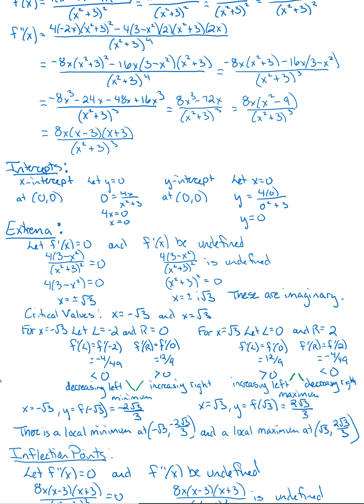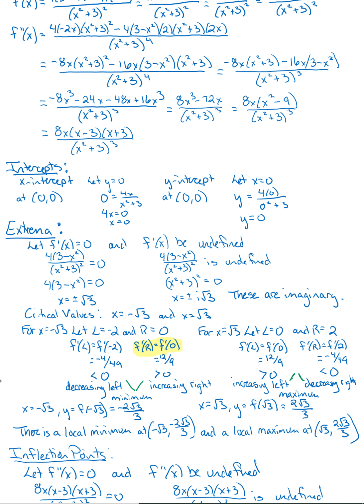What we end up with, the important thing is that it is less than 0. So the first derivative is less than 0. Remember, the first derivative tells us if our function is increasing or decreasing. So that tells us that it is decreasing on the left. Similarly, we'll take the right value of 0 and put that into our first derivative.